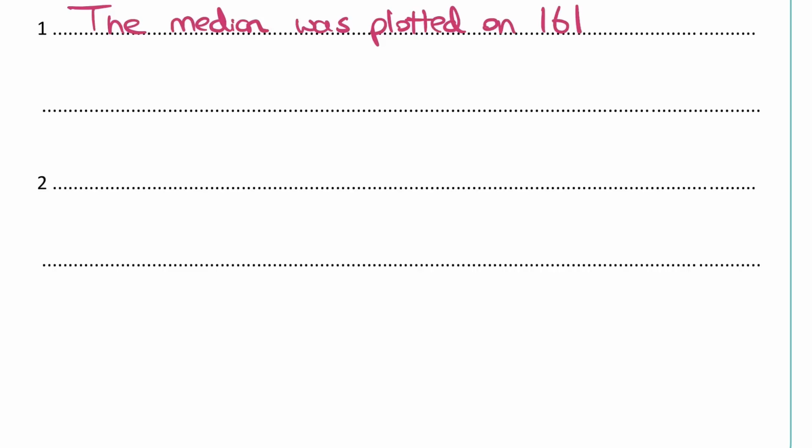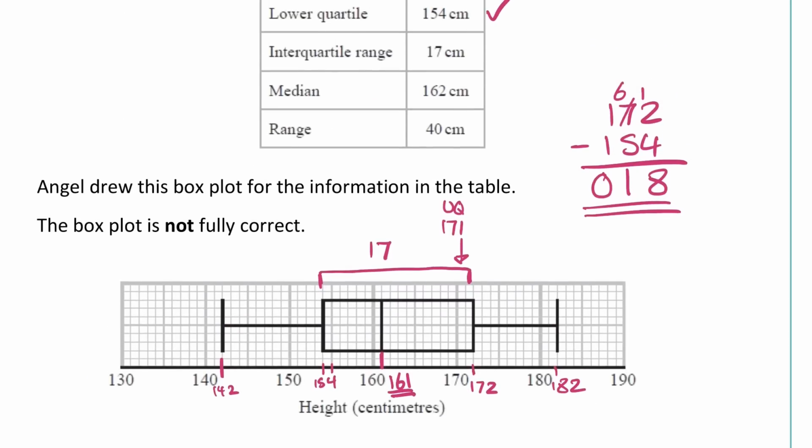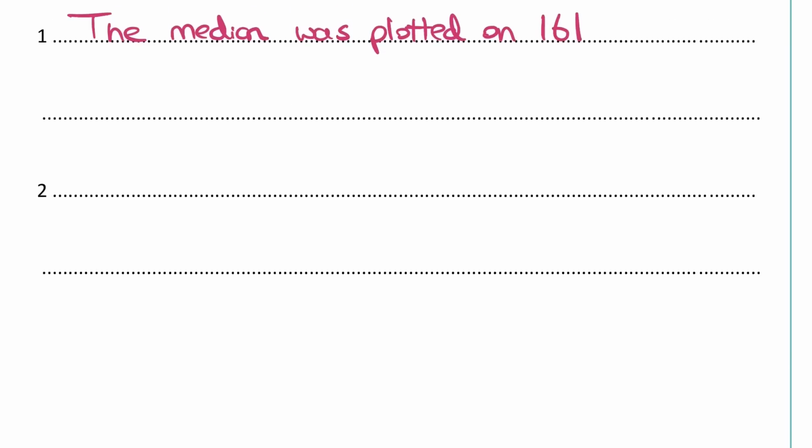We don't need to say much more than that. It's asked us what the mistake was. There's the mistake. And the second one, let's have a look. We had 18 for the interquartile range. It was supposed to be 17, so the upper quartile was plotted on the wrong number as well. The upper quartile should have been 171. So we can write that in.